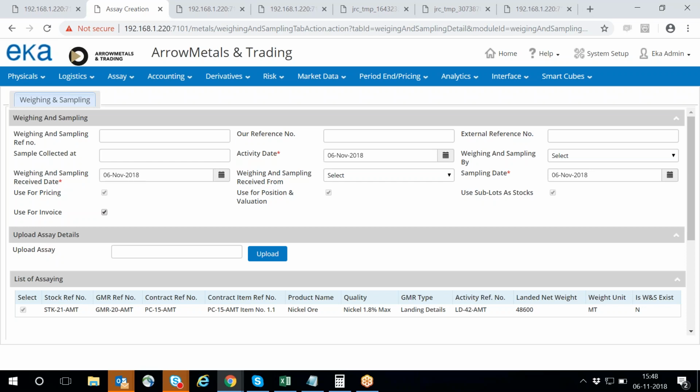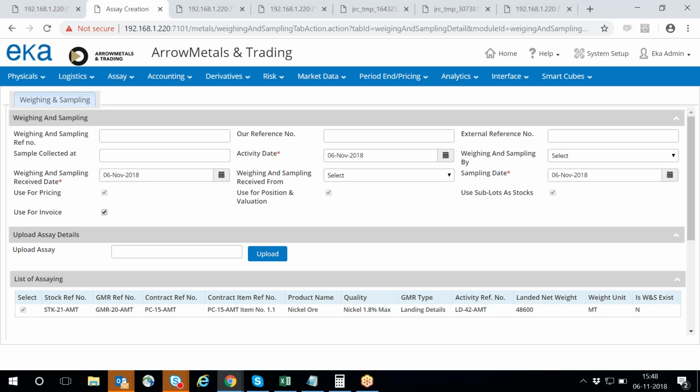Like as we saw in the base metal case, my incoming was say 1000 and I had a weight loss of say 10 metric ton, so I captured landing of 990 metric ton. Now, if it was the case for concentrate, the landing will still be 990. And will you change the weight in weighing and sampling? Is that the case?